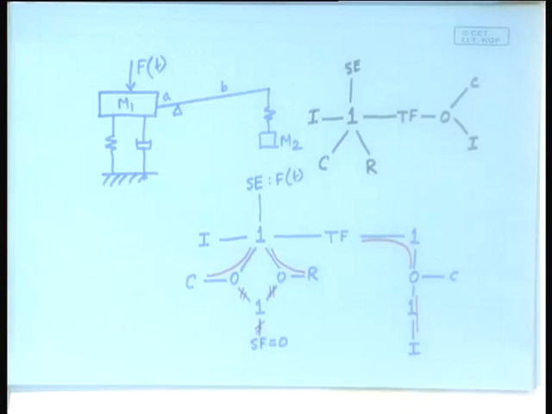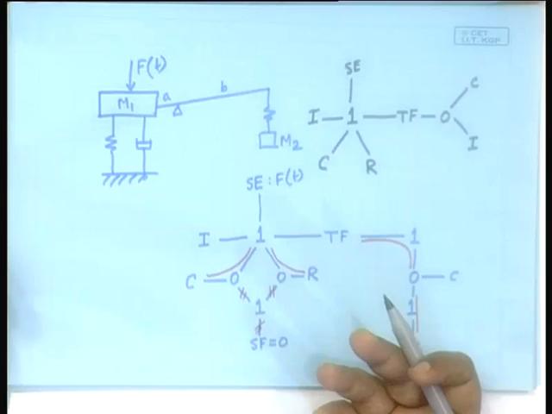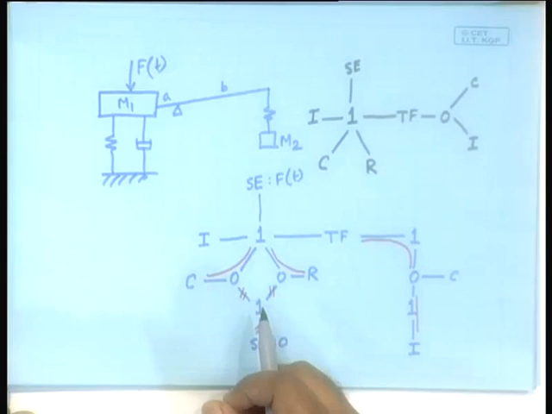Okay. So, that is the simple logical procedure by which you can write the bond graphs. Clear?